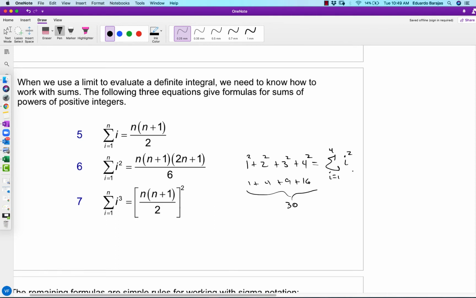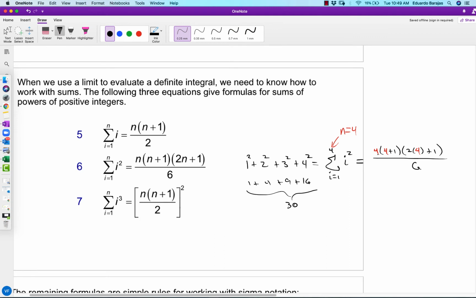Not bad. But this formula tells me that, instead of actually calculating them like this, you can plug them into this formula. Remember, n equals 4. So we have 4, and then 4 plus 1, times 2 times 4 plus 1, divided by 6. So just to confirm, we get the same answer.